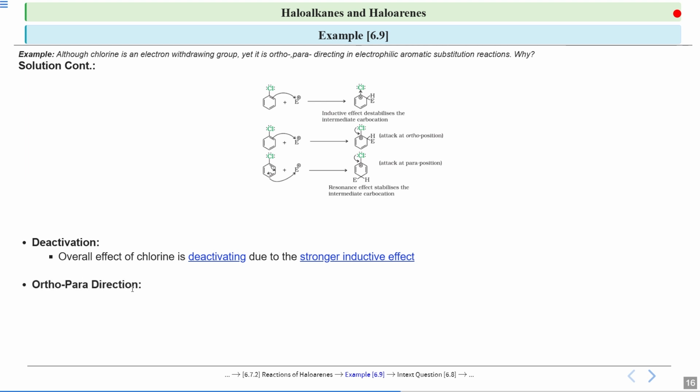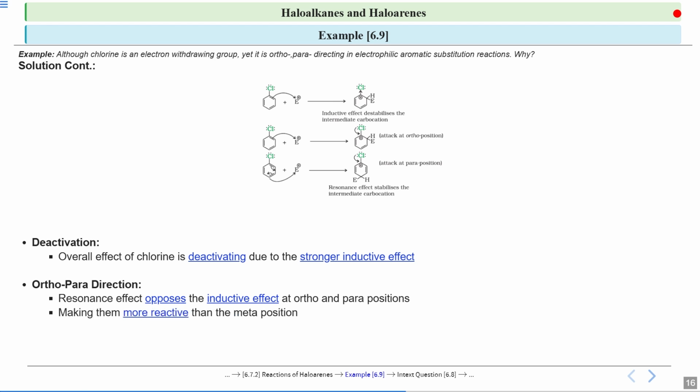And for the ortho-para direction, the resonance effect opposes the stronger inductive effect at the ortho and para positions, so that the incoming electrophile can easily attack the ortho and the para positions and form the stable carbocation. So this resonance effect makes them more reactive than the meta position.